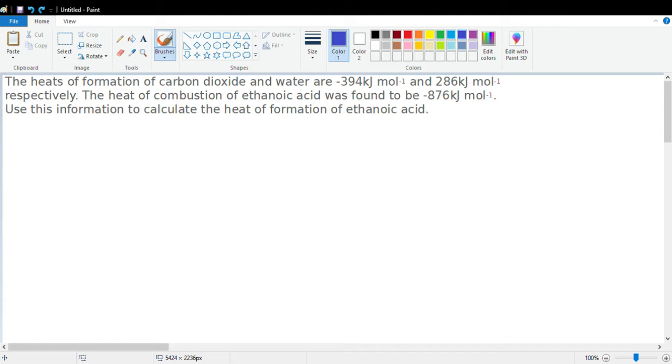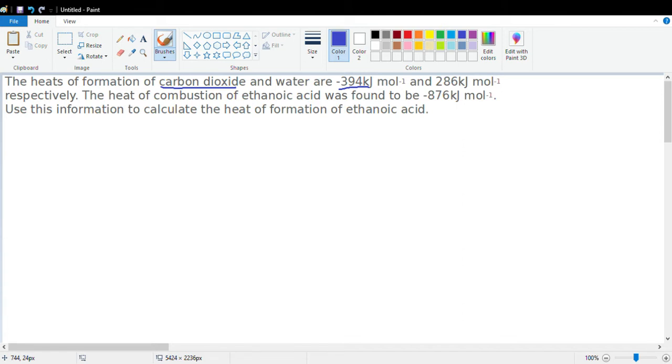So the first bit of information we're given here is that carbon dioxide has a heat of formation of minus 394 kilojoules per mole. So our heat of formation, just to revise that, is the heat change that takes place when 1 mole of a compound is formed from its elements, everything in its standard state.